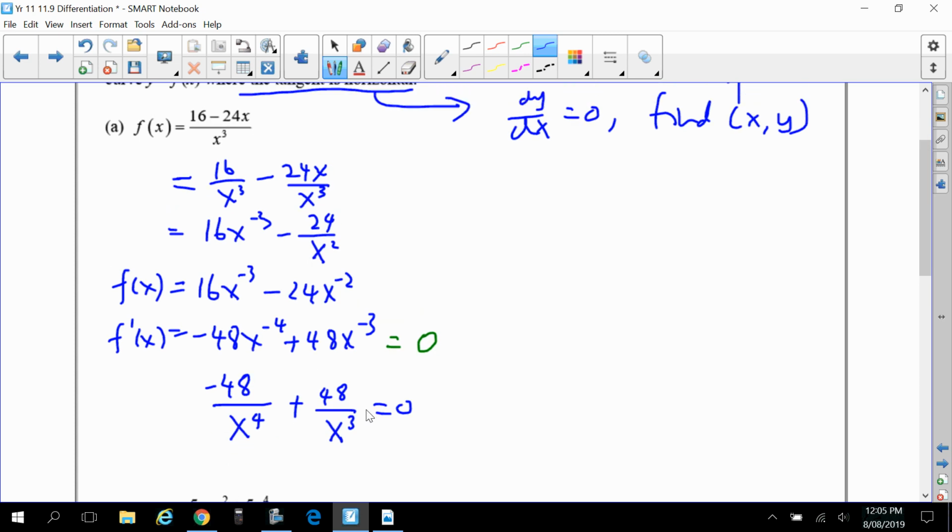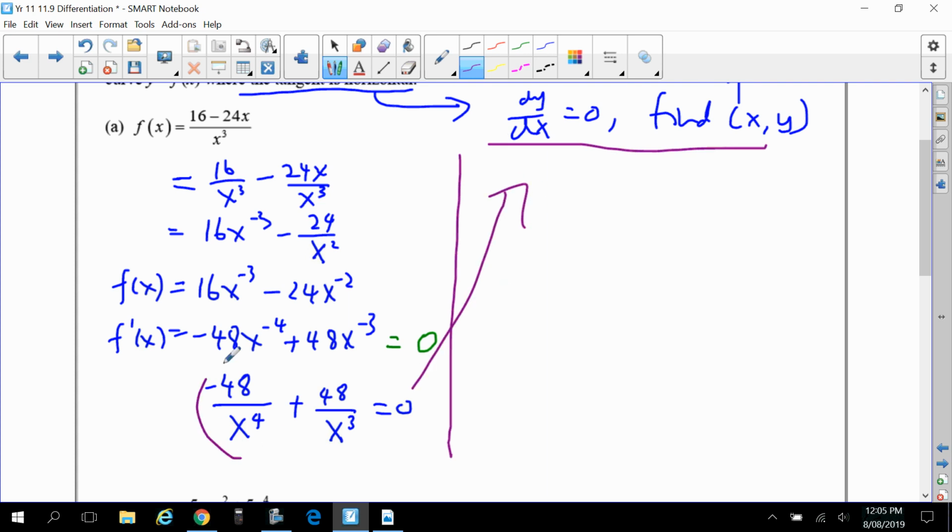And then we have to keep going. And so how do I keep going? So we have to move this thing to the right, so you get 48 over x cubed equal 48 over x to the power 4, right? So that's an equation you may not have seen before. It's not quadratic, it's not linear, but because you only involve two terms, you can still use your mathematical skills to solve it.